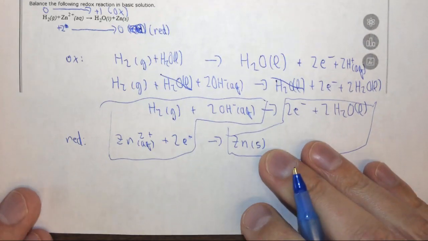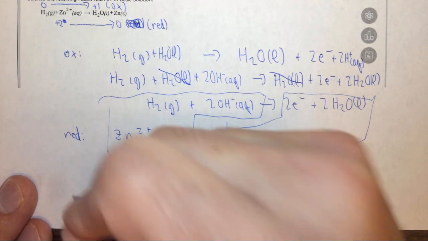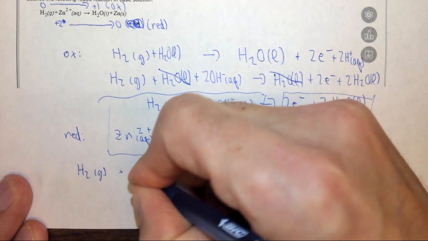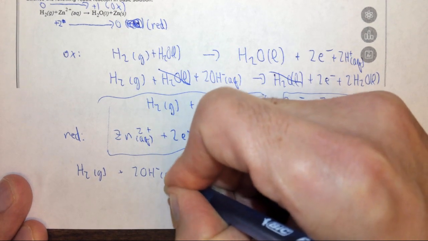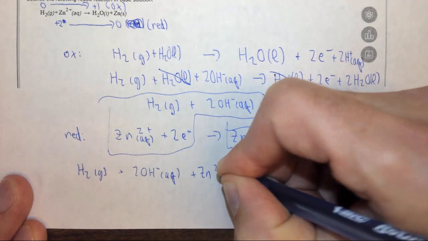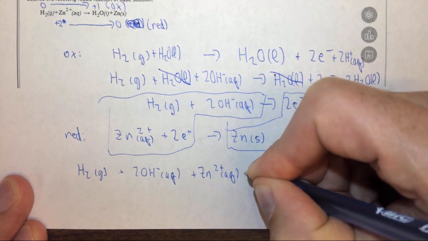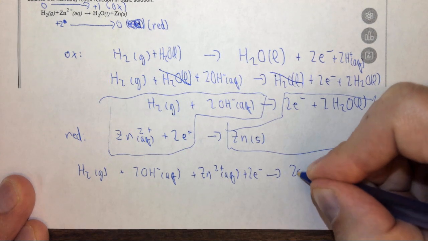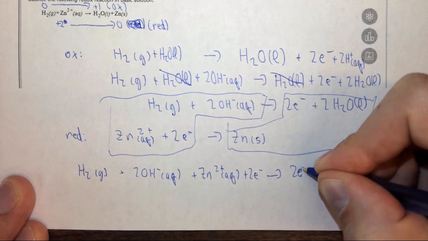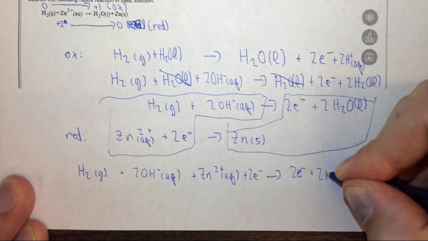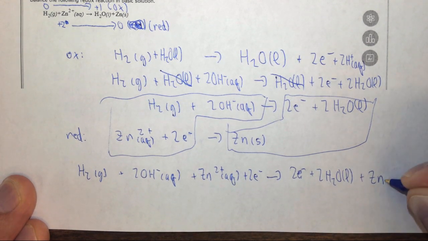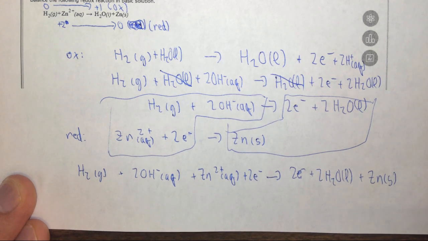So in this case, we end up with H2 gas plus 2OH minus aqueous plus zinc 2 plus aqueous plus 2 electrons yields 2 electrons plus 2H2O liquid plus zinc solid, like so. We have 2 electrons on both sides. Of course, we did that on purpose.